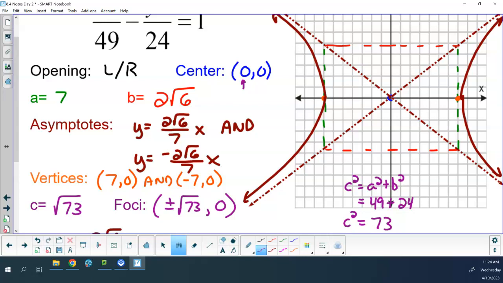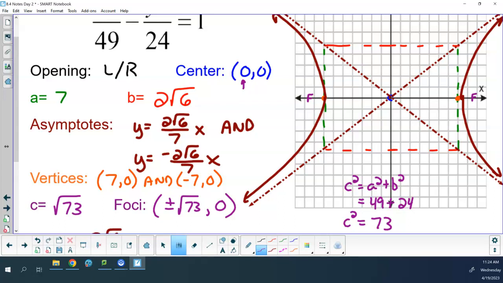Which is approximately 8.5. So we already went out 7, 8.5. There's one focus, and there's the other. Okay? Questions on graphing a hyperbola?